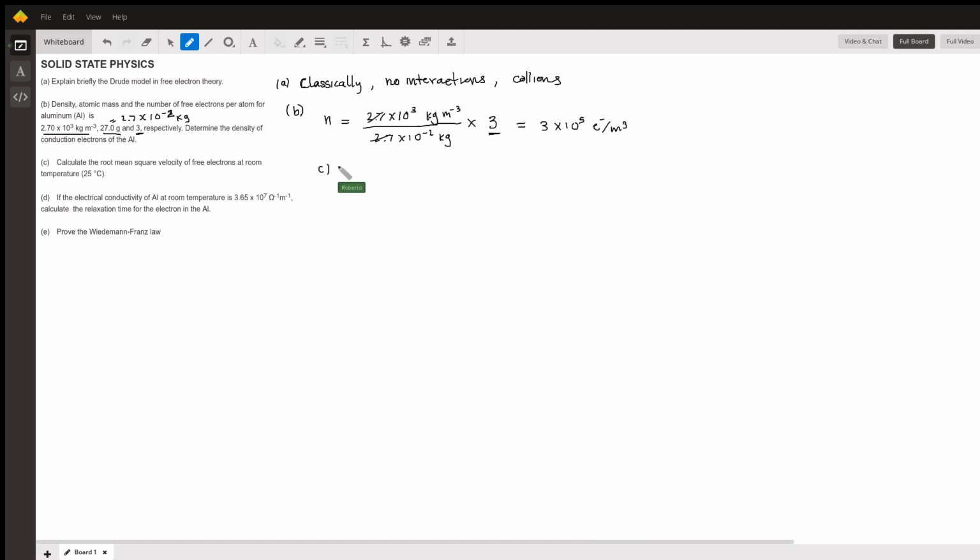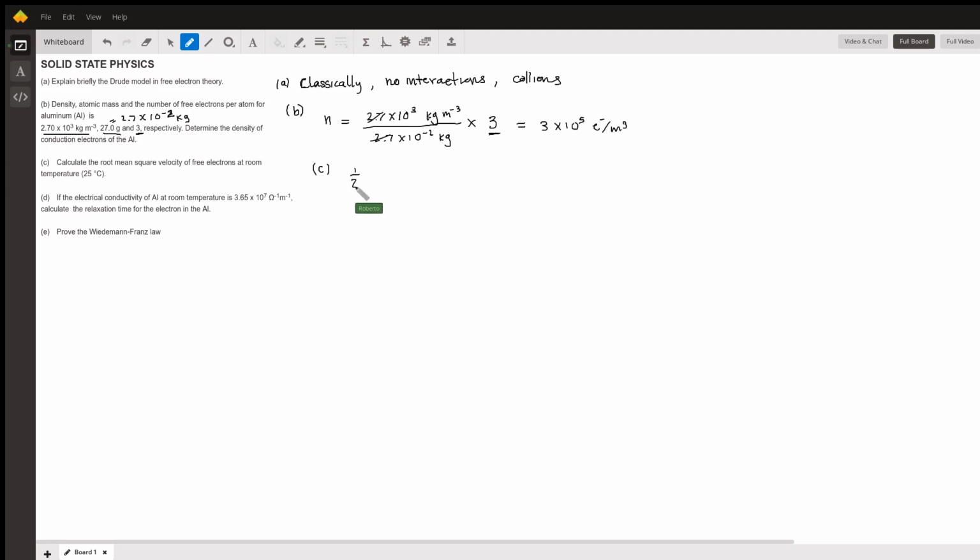And then part C, to calculate the root mean square velocity. Root mean square velocity just means to calculate the energy you need to reach thermal equilibrium at some given temperature.